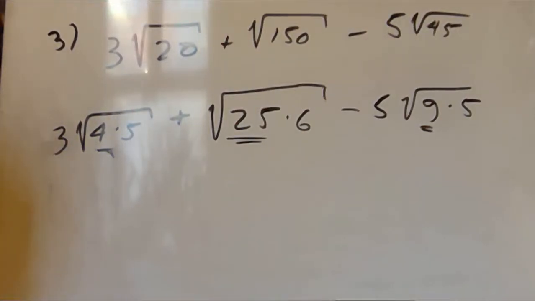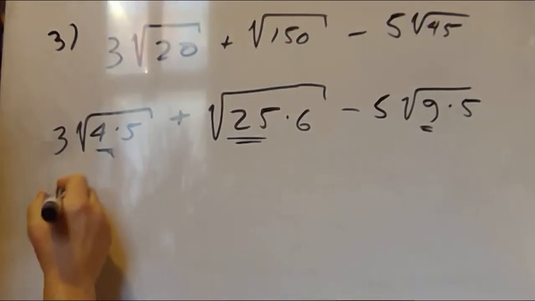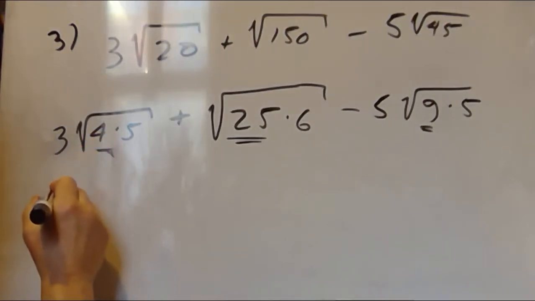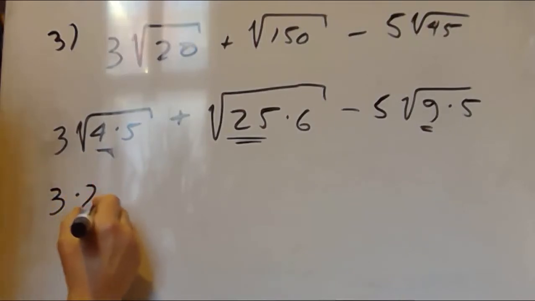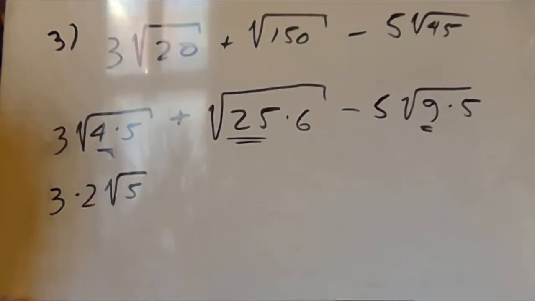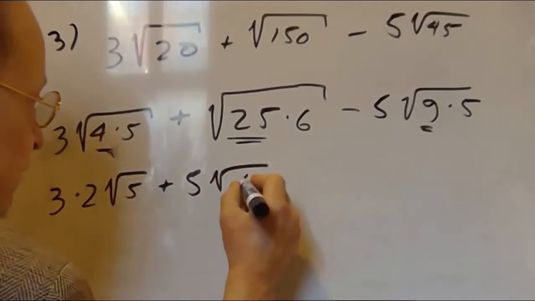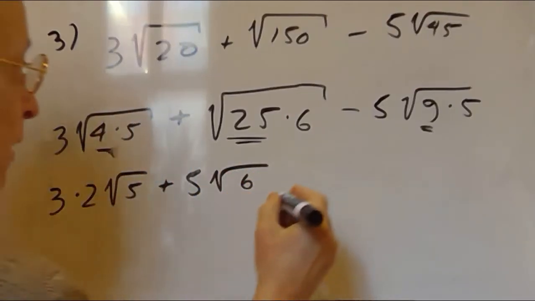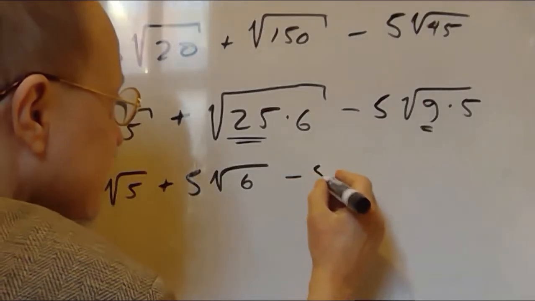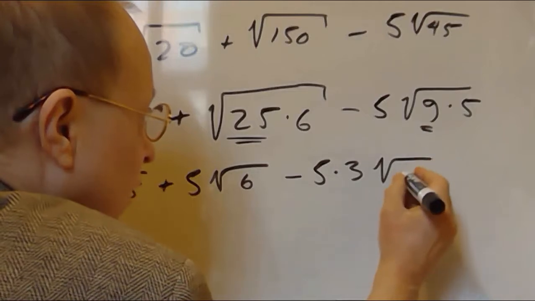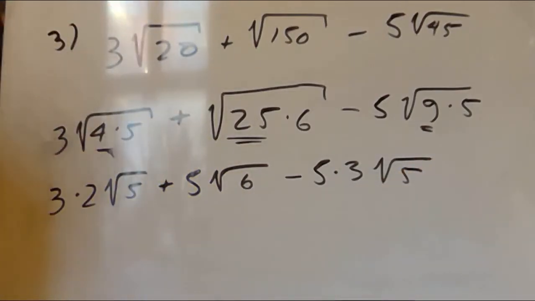So now I see that I can take out that perfect square, so it's 3 times 2 square root of 5 plus 5 square root of 6 minus 5 times 3 square root of 5.